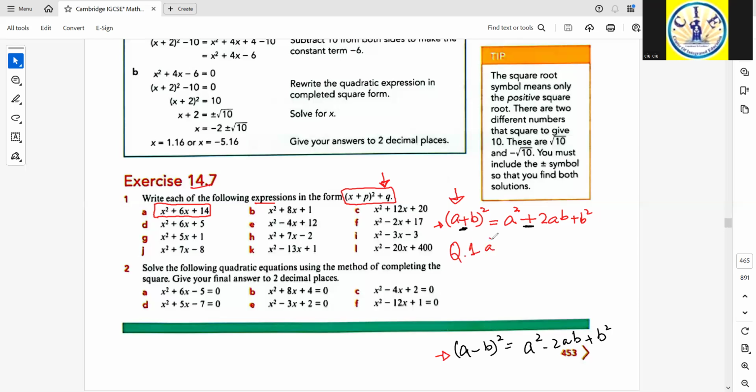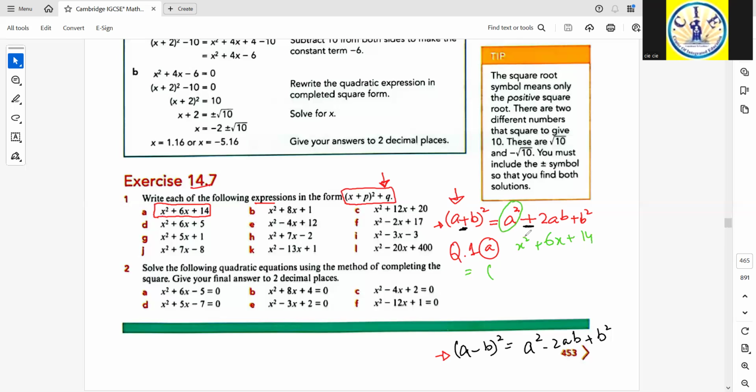Question 1, part A. x squared plus 6x plus 14. You can understand this completing the square method in two ways. If you concentrate on these identities, you need to see that a squared means square of something.